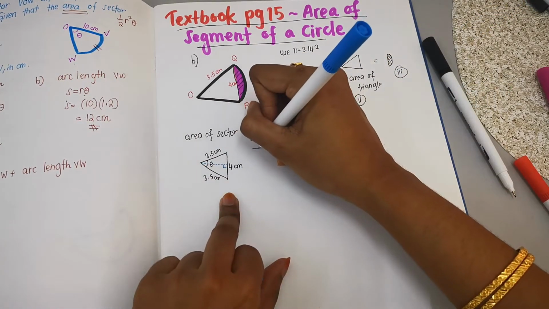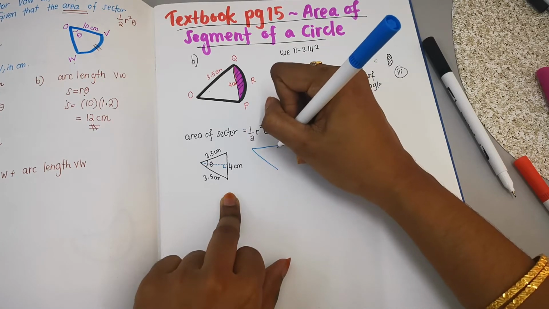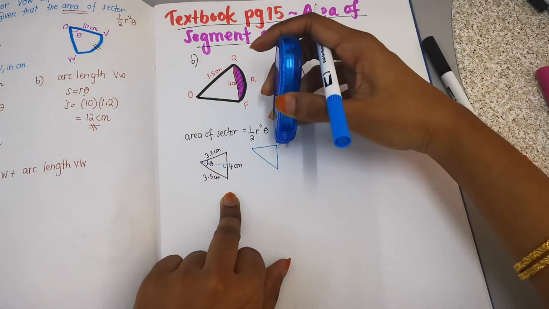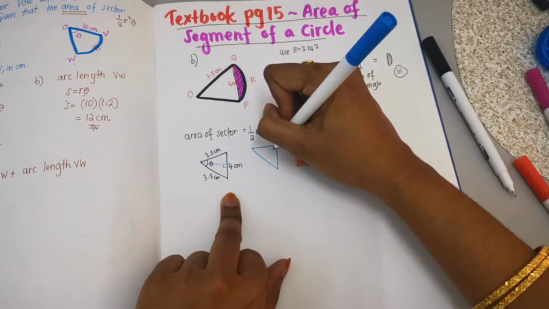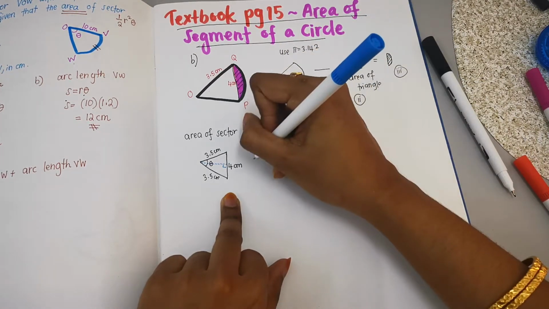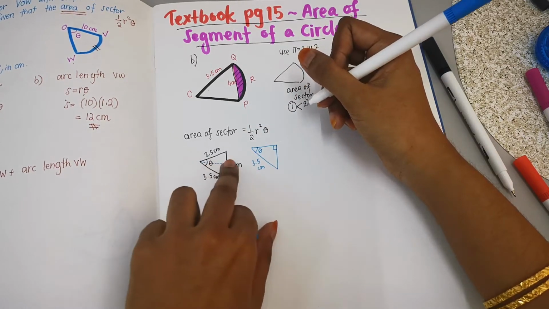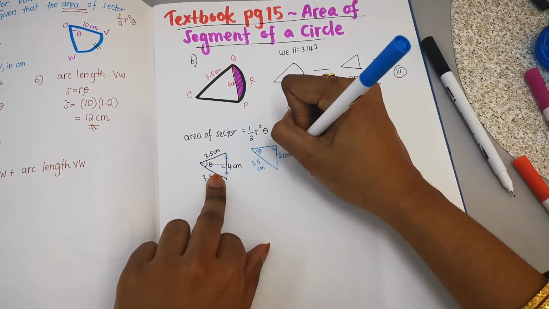Now just focus on this. I just want a right angle triangle. Here, theta, and here is 3.5 cm. When you divide this part into half, here will become 2 cm.